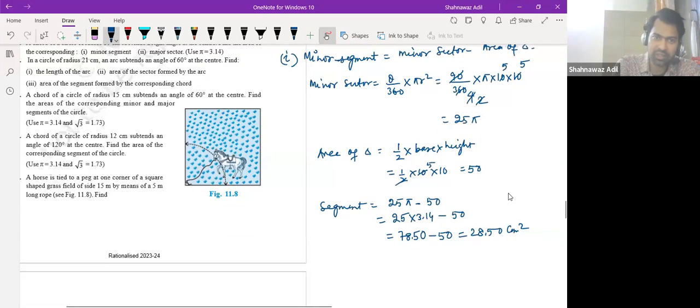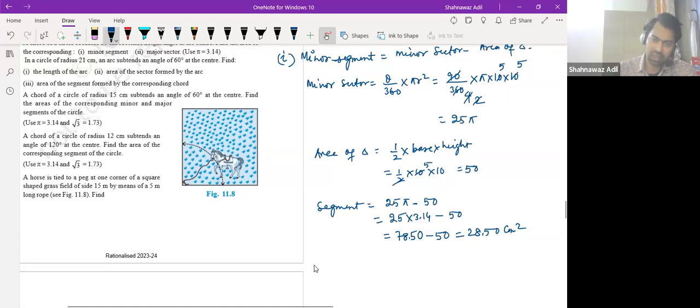So this is the minor segment, and the major sector we can calculate easily, right?